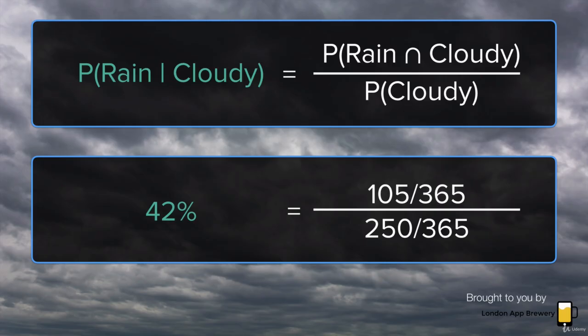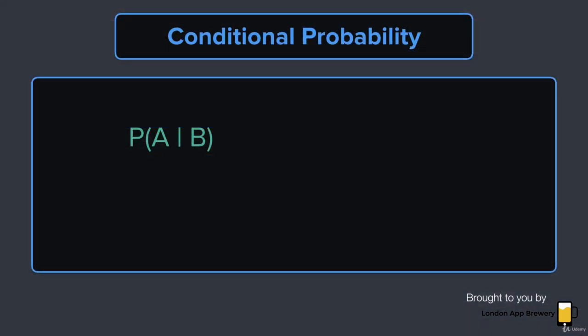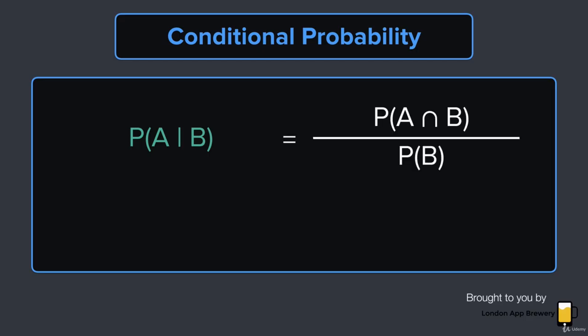And if you open any statistics textbook out there, you'll see that conditional probability is expressed in very general terms, just like this. The probability of A given B is equal to the probability of A and B over the probability of B. What would this formula look like in our spam example? Substituting for A and B, we get something like this.